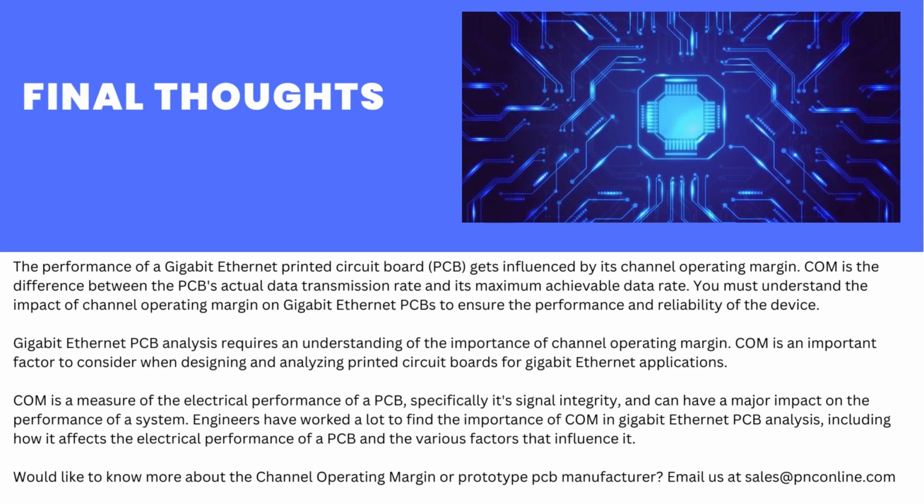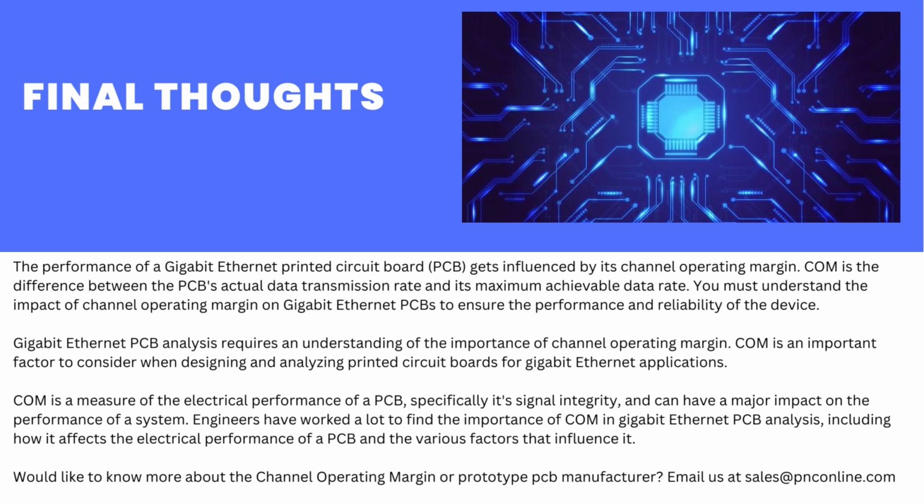You must understand the impact of channel operating margin on Gigabit Ethernet PCBs to ensure the performance and reliability of the device. Gigabit Ethernet PCB analysis requires an understanding of the importance of channel operating margin. COM is an important factor to consider when designing and analyzing printed circuit boards for Gigabit Ethernet applications.